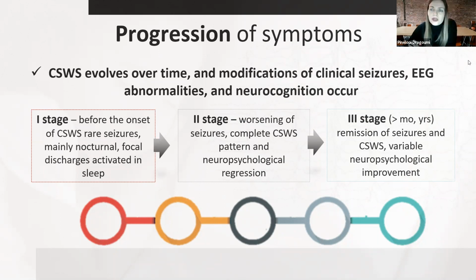And then this moves on to the third stage after months or maybe years in some cases, when the seizures and the EEG pattern remain, and mostly the neuropsychological picture becomes better, not always.